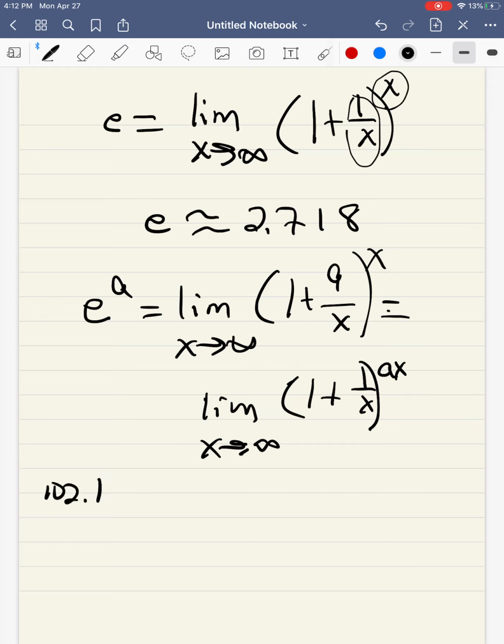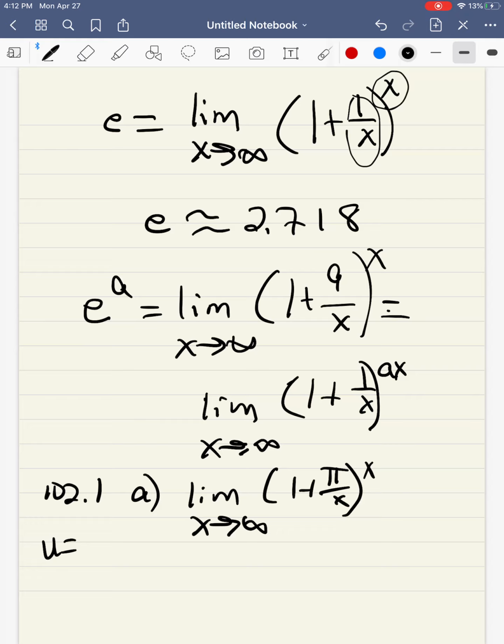So in 102.1, we have letter A says, find the limit as x approaches infinity of 1 plus pi over x raised to the x. So if we come in here and let u be equal to x over pi, then this becomes 1 plus 1 over u.